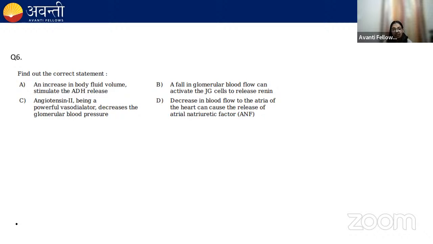D, decrease in blood flow to the atria of the heart can cause the release of the atrial natriuretic factor, ANF. They're asking about the correct statement. This question is related to regulation in the kidney.